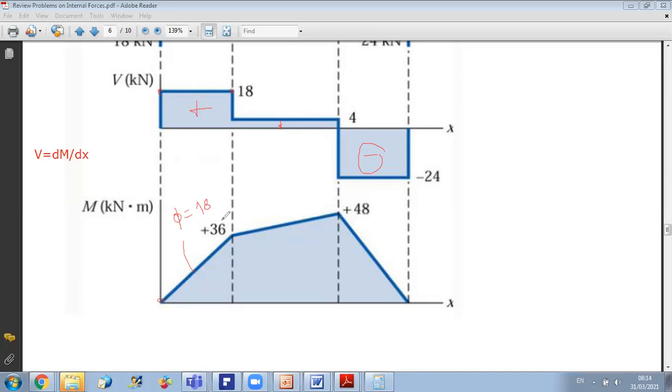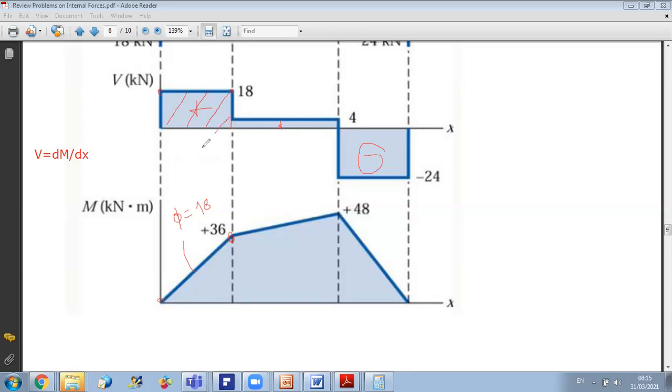Now, to find the value of the bending moment at this point, the variation of M is equal to the area under the V curve, because delta M is the integral of V dx. So the variation of M is equal to the area of this rectangle.